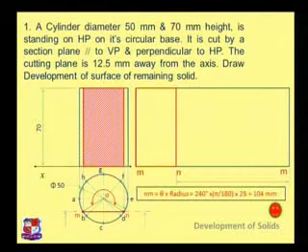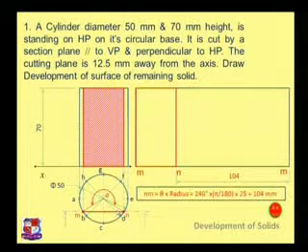Convert this degree into radian, so multiplied by pi by 180, because pi radian is equal to 180 degree. So 240 degree is equal to 240 into pi by 180 multiplied by 25 mm, the radius. So total length is 104 mm. So this length N to M is equal to 104 millimeter, the length of this developed surface.